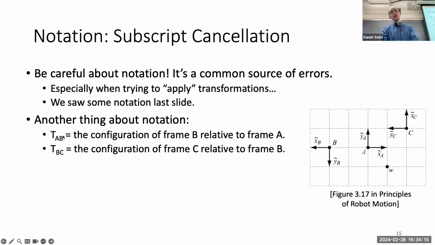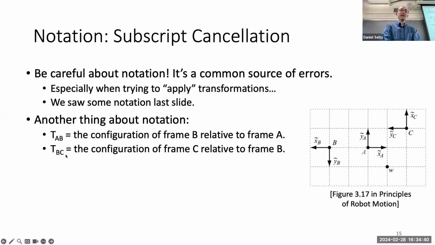AB is a subscript here. The definition that we use is that TAB is the configuration of frame B relative to frame A. Just keep that in mind. Because A comes before B, you might think it's A with respect to B. No, it's B with respect to A. Just be careful about that.